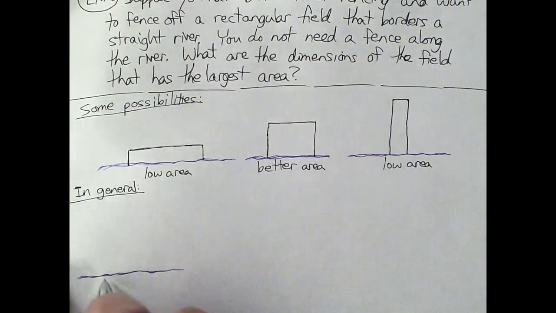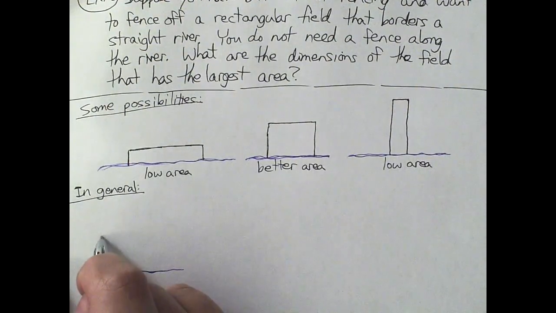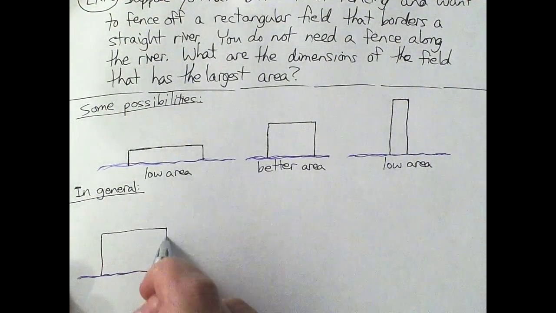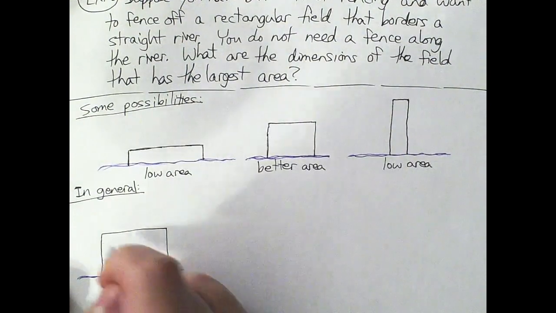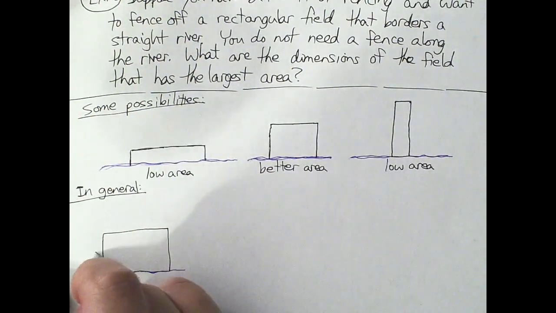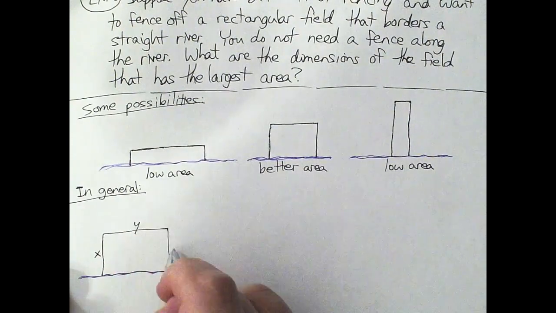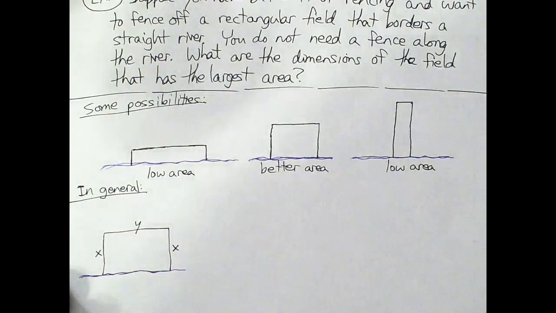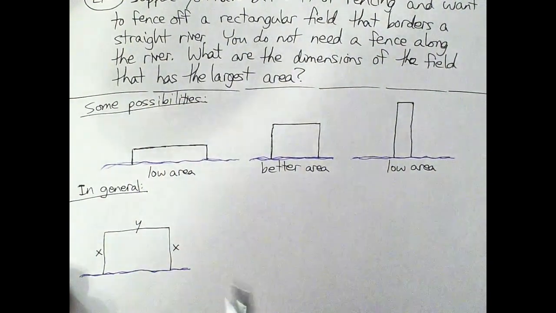Just to draw it. So I'll make it look a little bit like that middle picture. And I'm going to label the side lengths. What do you want to call them? I just called them X and Y. You could call them A and B, whatever you want.